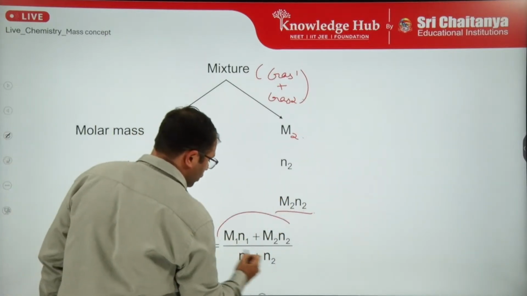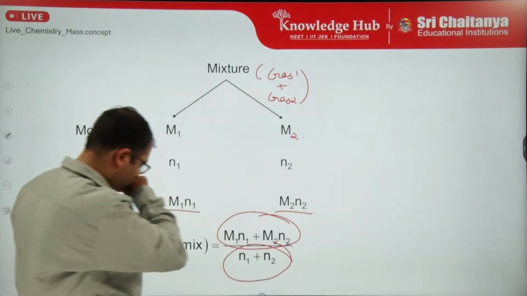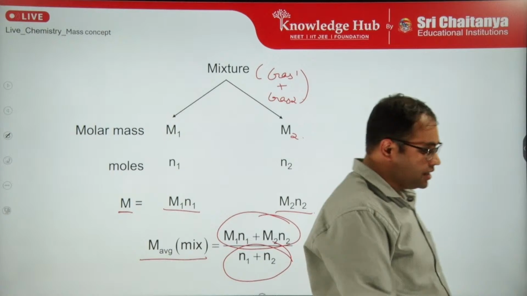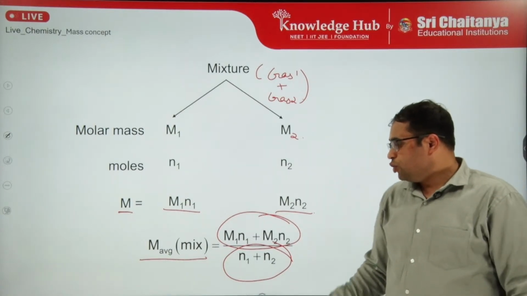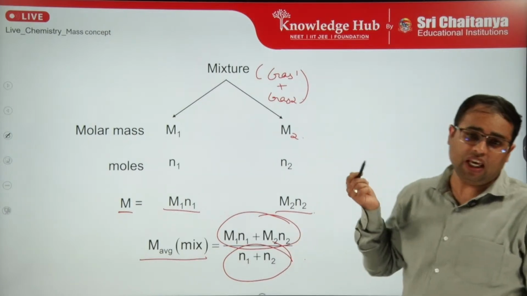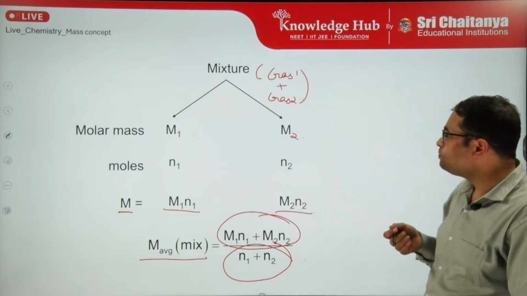So this gives you the total mass divided by total moles, which gives you the average molar mass of the gas mixture. So this is the formula that you have to keep in mind in order to move forward with these questions.